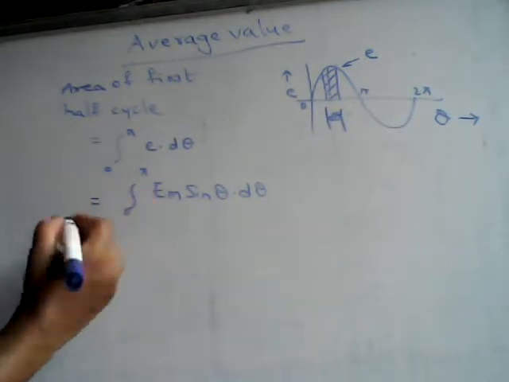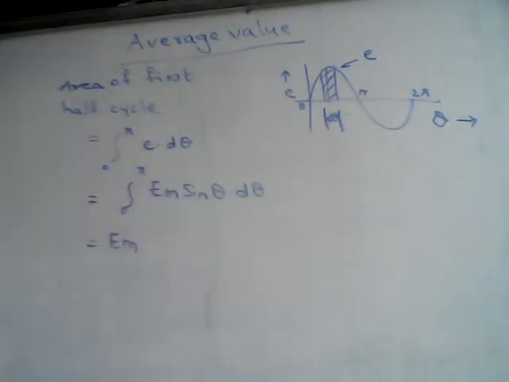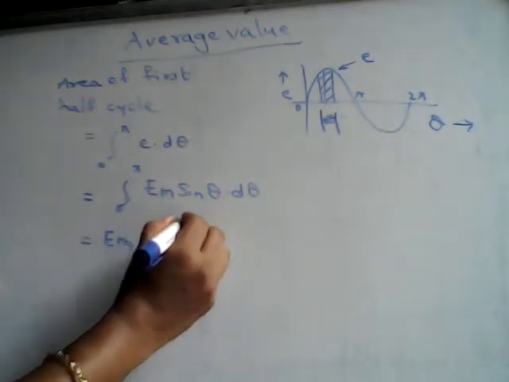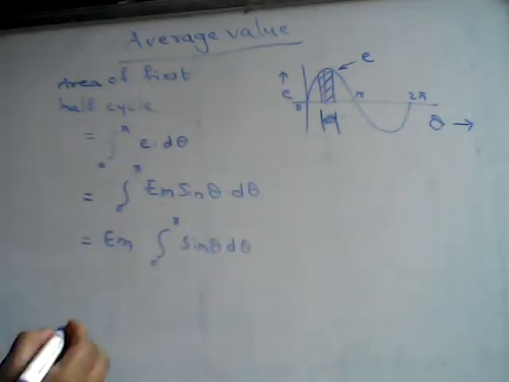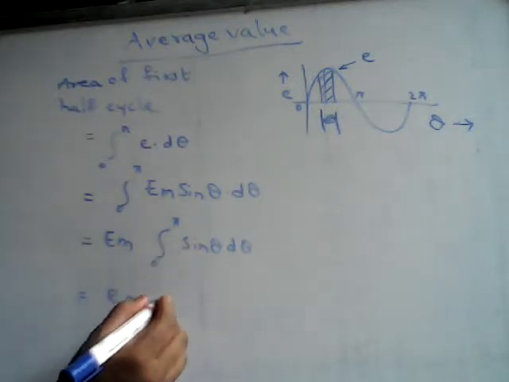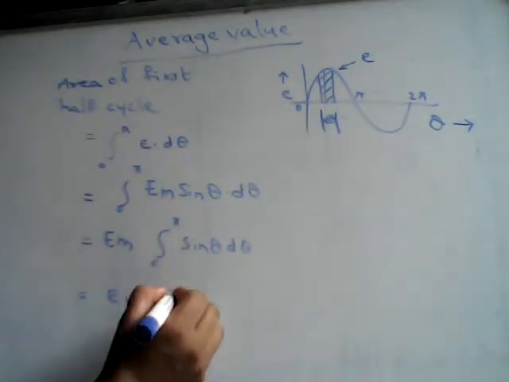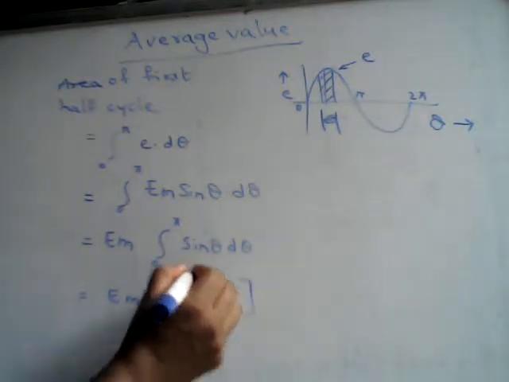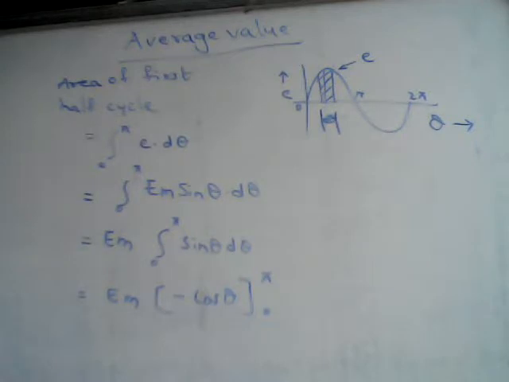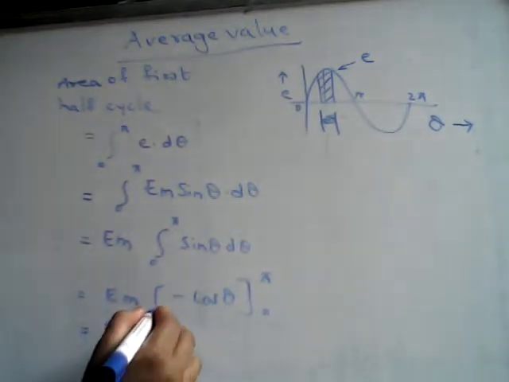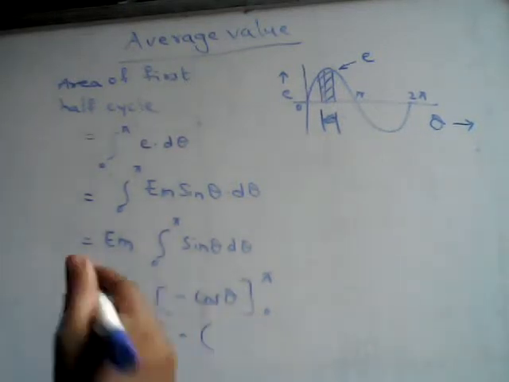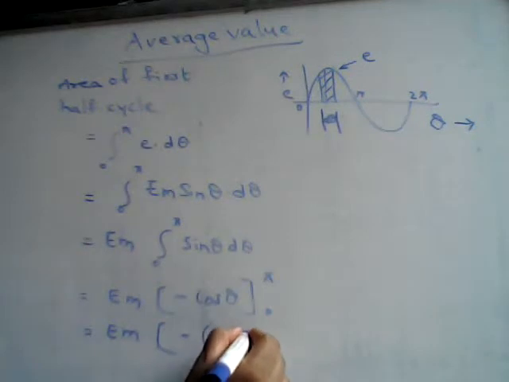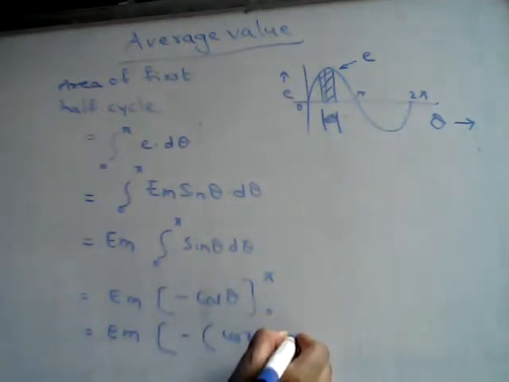In this, Em is constant, so it can be removed outside the integration. So Em times the integration of sin theta d theta over the value from 0 to pi. So this is equal to Em times the integration of sin theta, which is minus cos theta, over the limits 0 to pi. So this can be written as Em times minus, if I remove it outside, cos of upper limit pi minus cos of lower limit 0.